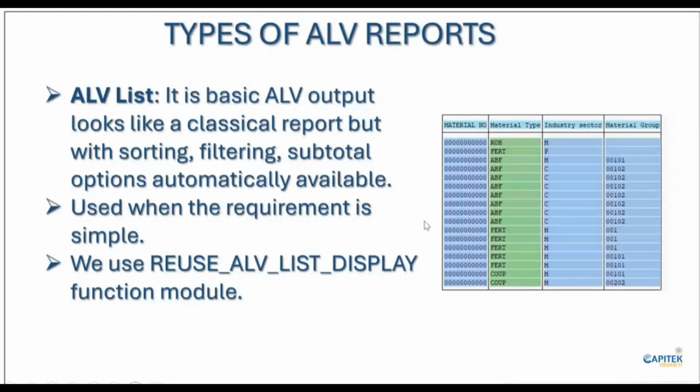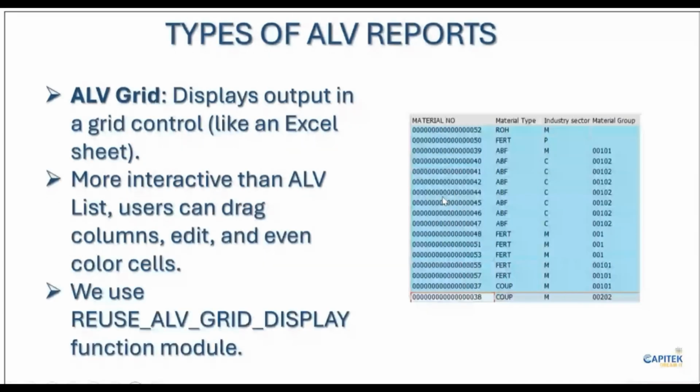But when you talk about ALV grid, it is similar to an Excel sheet. The way an Excel sheet looks is the way this ALV grid also looks. And if something is getting truncated, you can place your cursor on this vertical bar and drag it to the right. So you can adjust your columns manually.